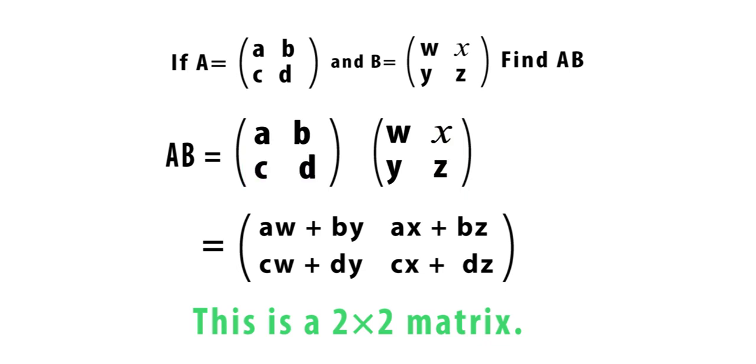So that will give us AW plus BY, AX plus BZ, CW plus DY, and then CX plus DZ.